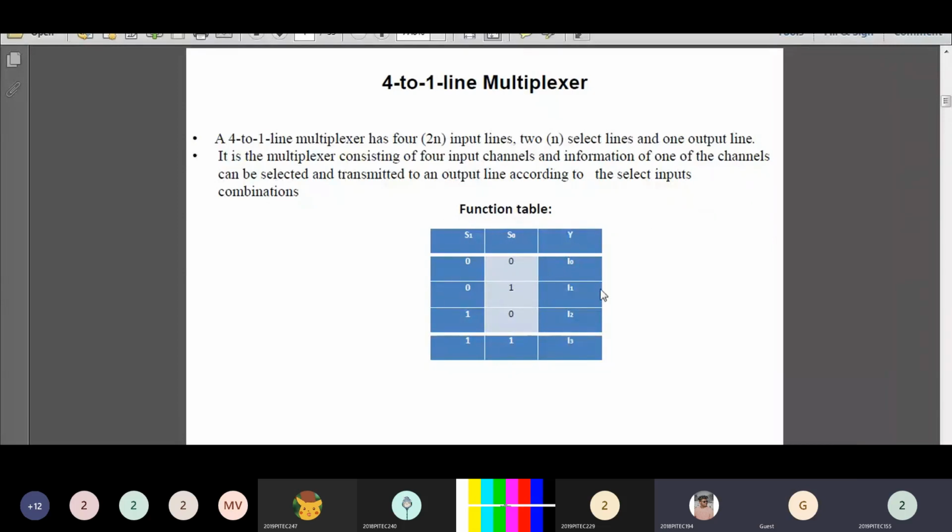And Y is the output. When your selection input is 0 0, I0 is selected at the output. When it is 0 1, I1 will be selected. When it is 1 0, I2 will be selected. When it is 1 1, I3 will be selected at the output line.